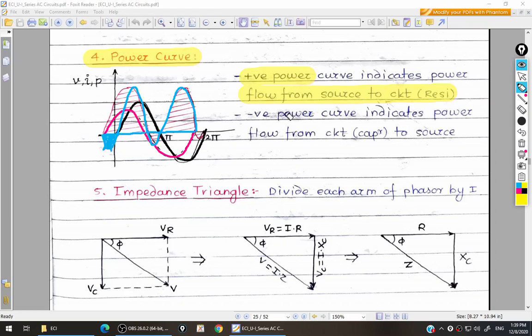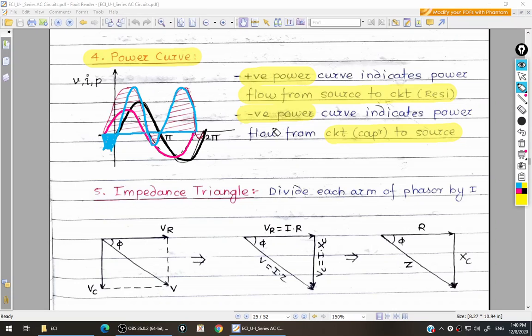And if power is negative, it means power is flowing from load to the source. So positive power means power is getting consumed in the circuit, and negative power means power stored in the capacitor is returned back to the source. So power will flow from load, means capacitor, towards source when power is negative.